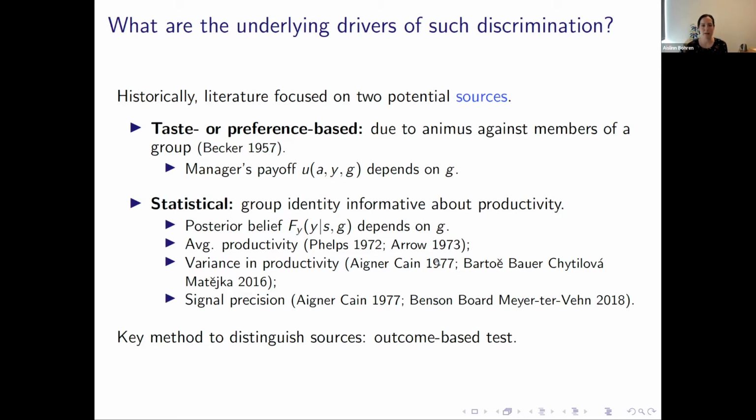That's where, if you can observe the true distribution of productivity, then you can use that to back out whether these decisions make sense with respect to that distribution. If yes, it must be statistical. If they're not consistent with that distribution, then it must be taste. There must be tastes that are generating this differential treatment.